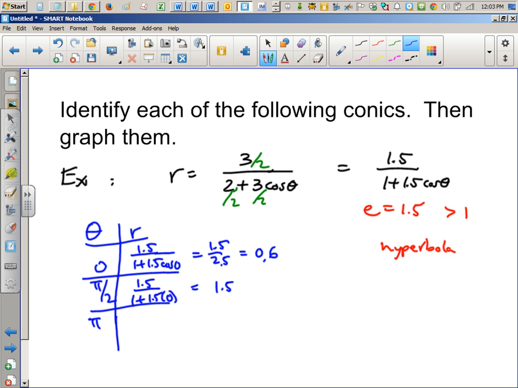Let's plug in pi. 1.5 over 1 plus 1.5 cosine pi. Cosine pi is negative 1. So it looks like this. Negative 3. Because it's 1.5 divided by negative 0.5. So it's basically 1.5 times negative half. Or divided by negative half. With 3 points, we can easily draw the picture.